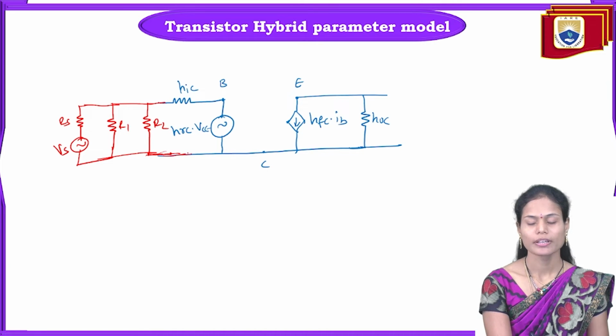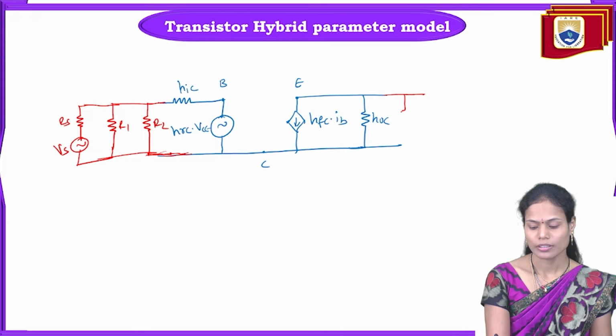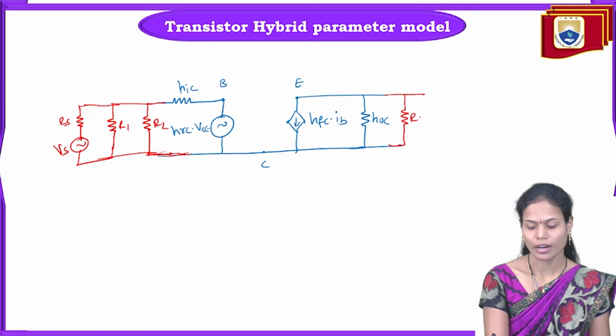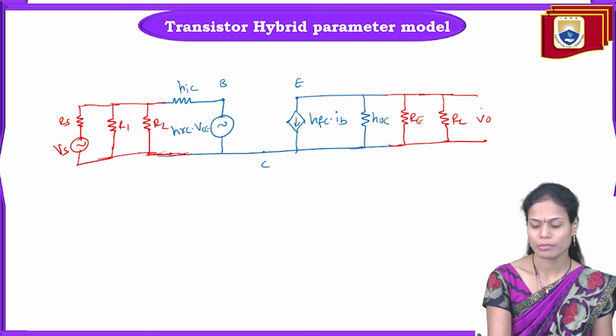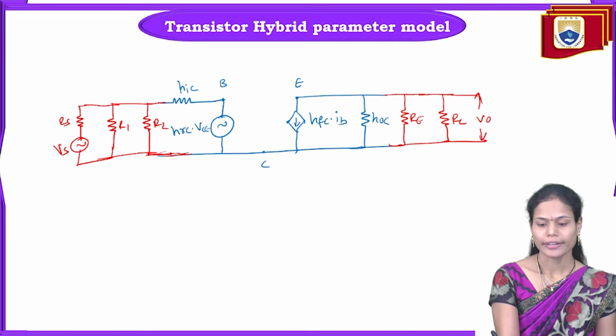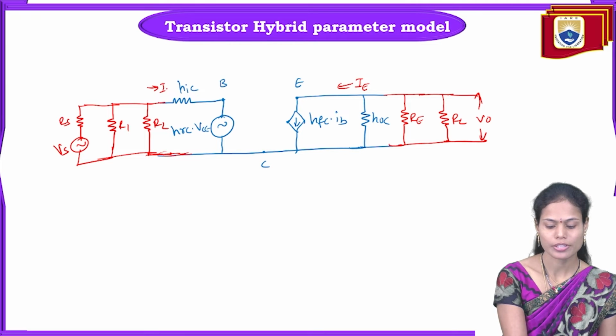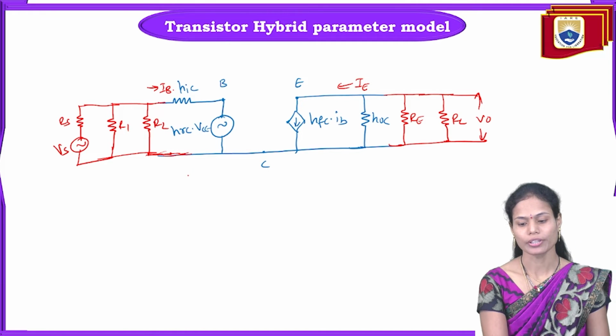Similarly, across the output side we have the emitter resistance RE as well as the load resistance RL. Here we measure the output voltage V0, here the emitter current is flowing, and here the base current will be flowing.